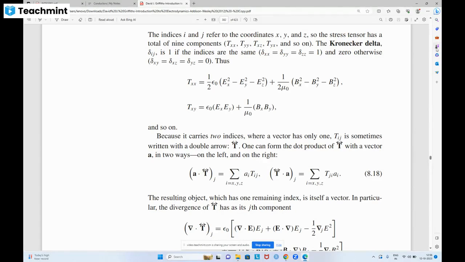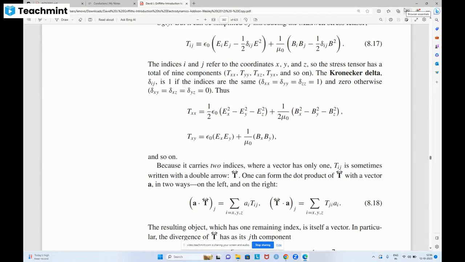So what are they? These values T_xx, T_xy, T_yz, all 9 components, are components of the stress tensor.